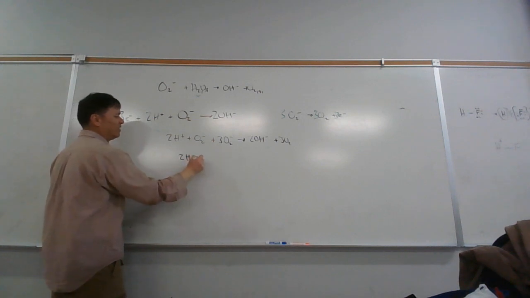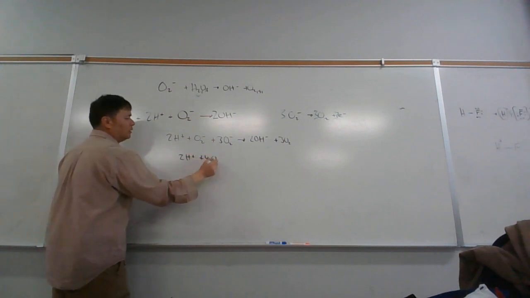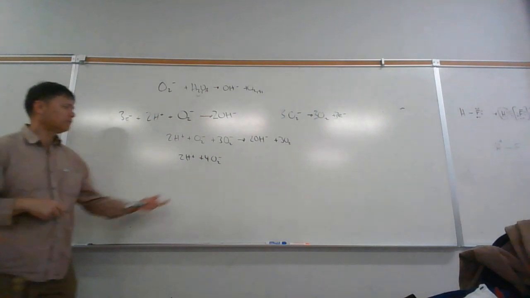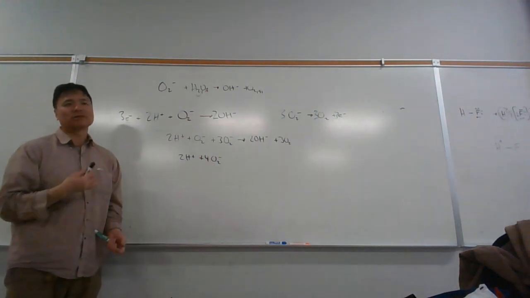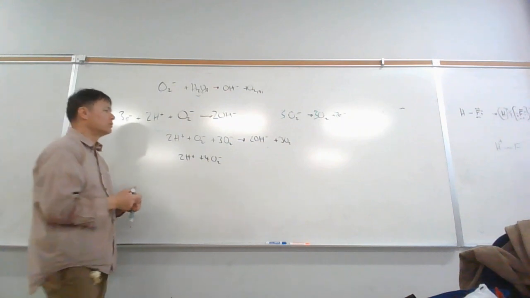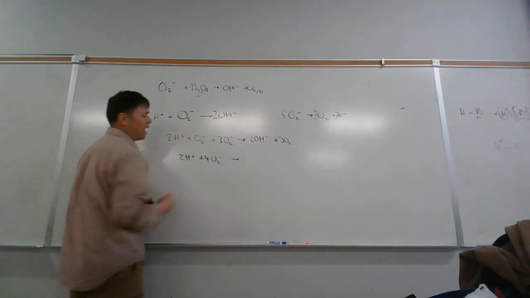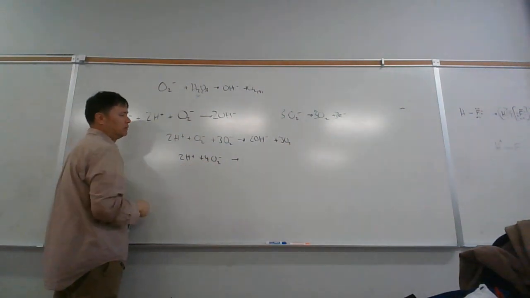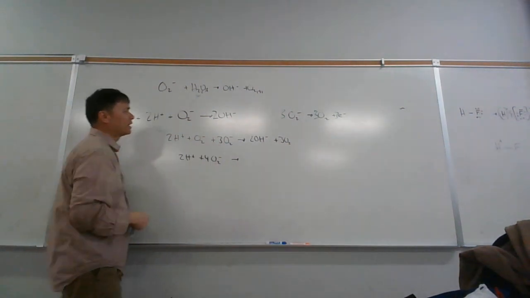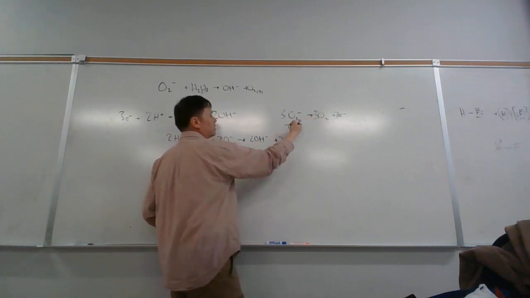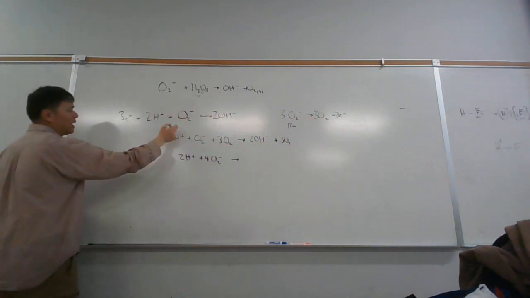2H+ plus 4 superoxides. Now, this is what we mean by disproportionation. Disproportionation means the same substance, superoxide, acts both as the oxidizer and the reducer. And so what that means is, well, how can they? Well, they don't. If I have 4 superoxides, 3 of them will act as the reducer. Reducing agents will lose electrons. 1 of them will act as the oxidizer.